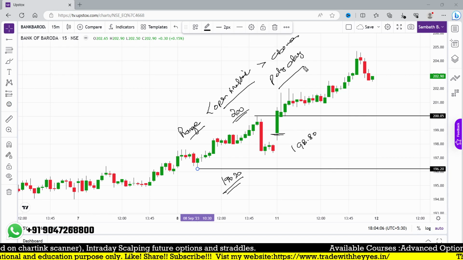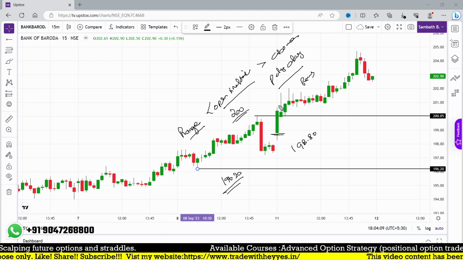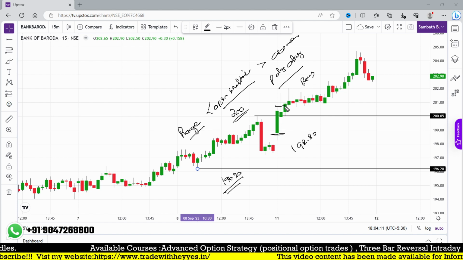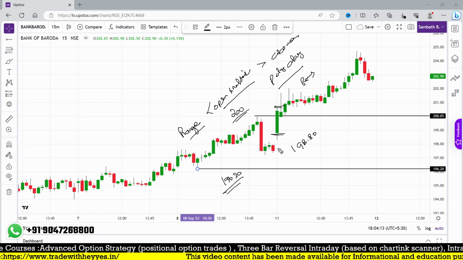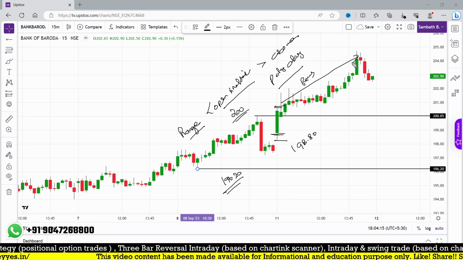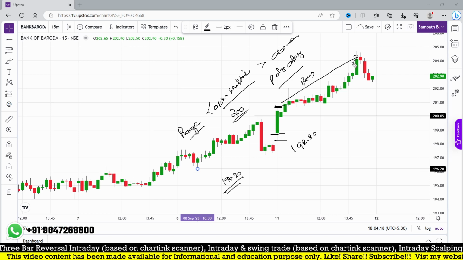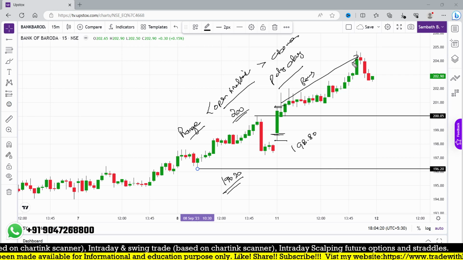This is the condition, and then if it breaks the high of this first 15 minutes candle, like ORB, we can use it with the stop loss of that particular candle. It wasn't such a good move, maybe 1:1 or 1:2, which we can use.